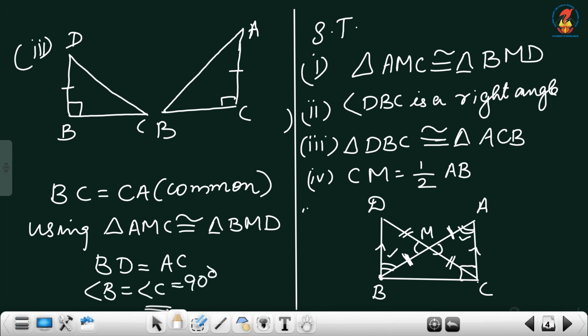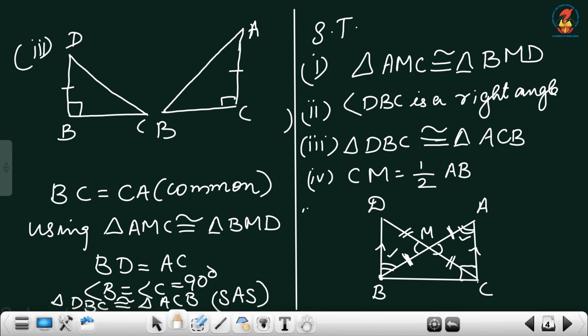So, what we can say, triangle DBC is congruent to triangle ACB using SAS criterion. Using SAS criterion, what we can say is these two triangles are congruent.